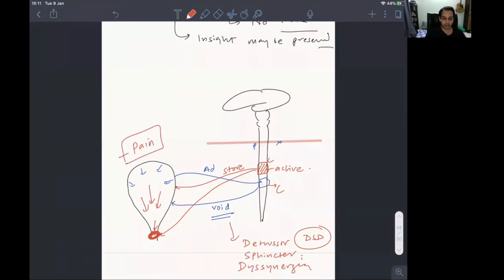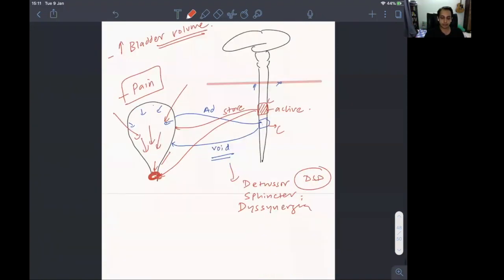What else can be there? Now, because your internal sphincter is constricted and your urine is continuously coming in from the kidneys, you will have increased bladder volume. So your bladder will go on expanding as more and more urine gets collected.